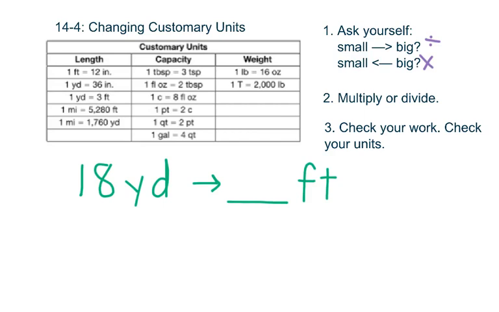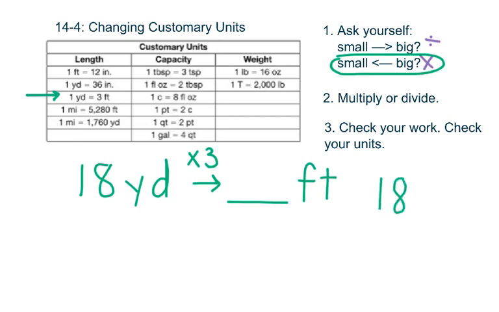So because I'm going from a big unit to a small unit, I'm going to multiply. In other words, you need more of the small unit to equal the same amount of the big unit. So in this case, I'm converting from yards to feet. So I look at my conversion table and I notice there are 3 feet in 1 yard. So I'm going to multiply times 3.